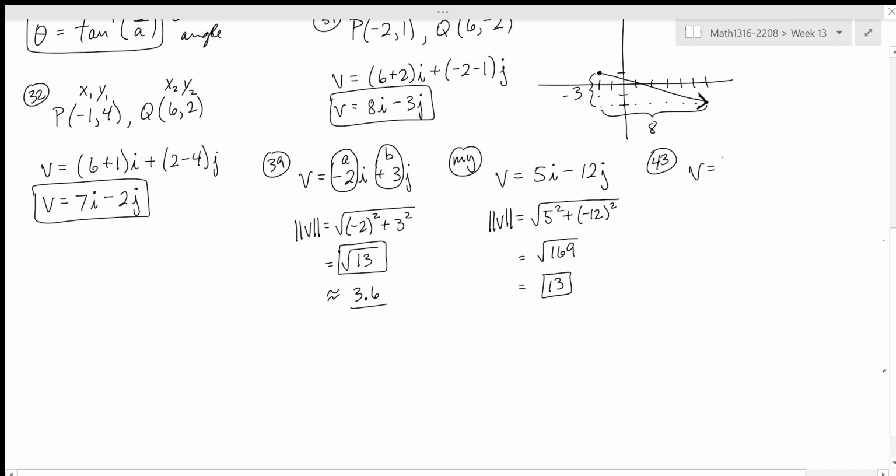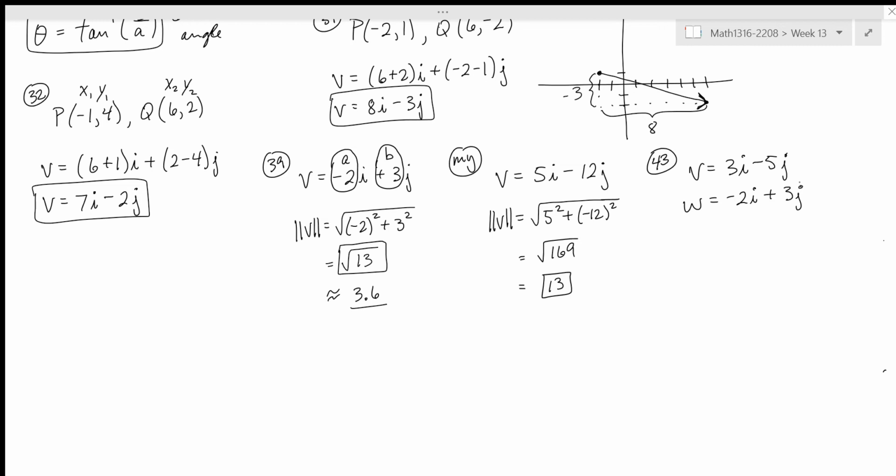V equals 3i minus 5j, and W equals negative 2i plus 3j. Okay, so for problem number 43, they actually go ahead and give us vectors v and w.